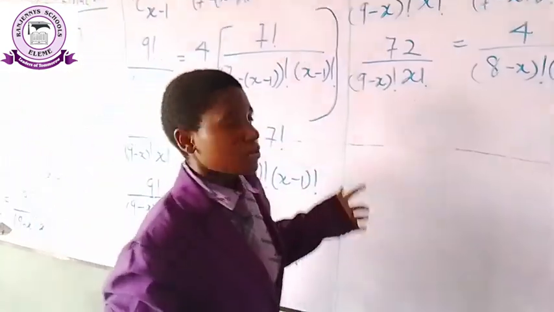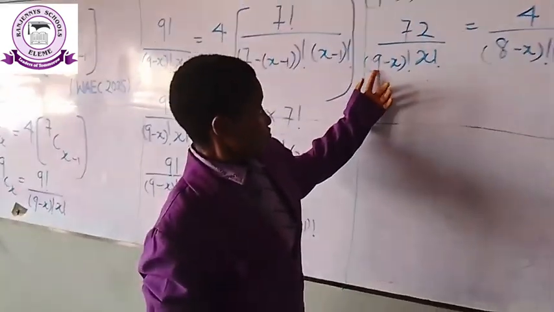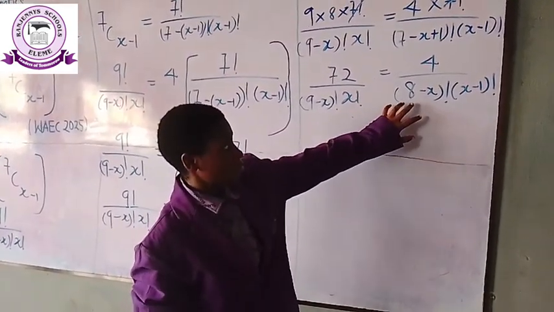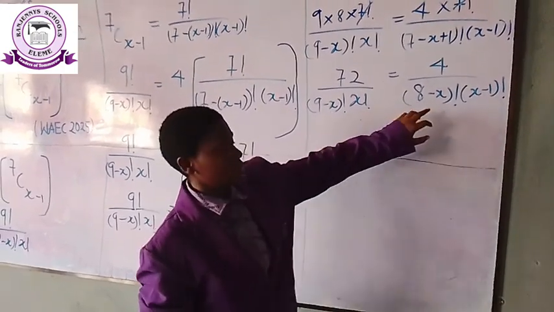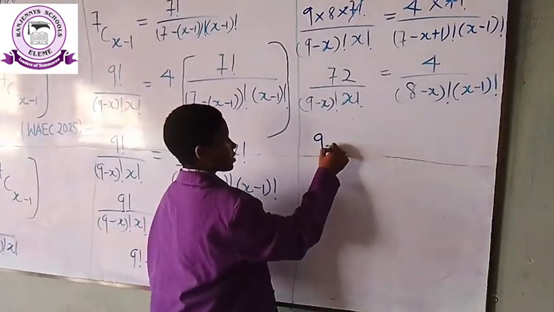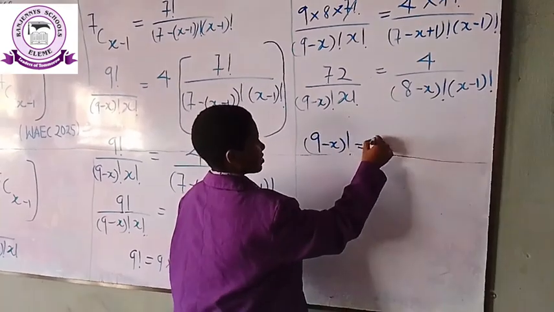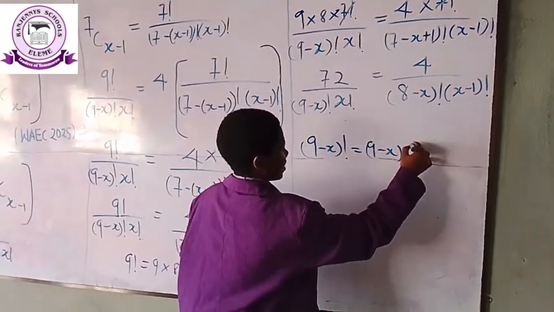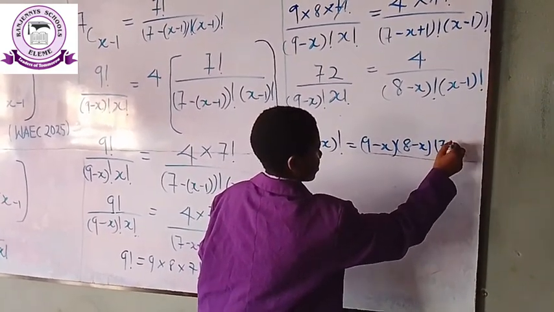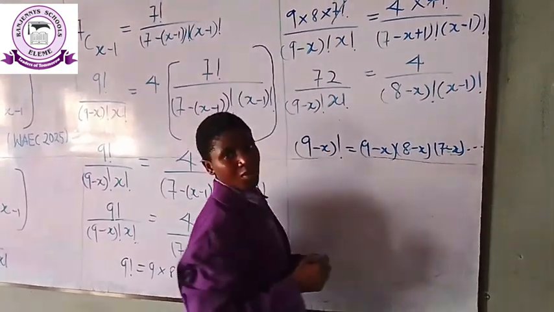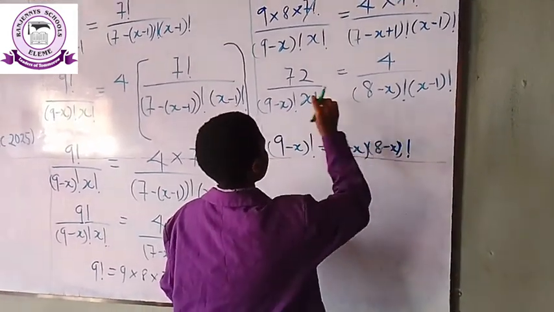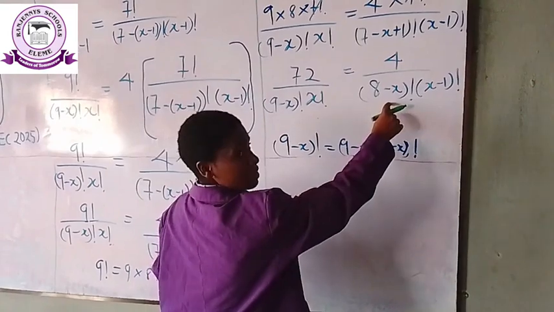Understand that the factorial attached to a question like this can also be used to eliminate terms. So let me show you. 9 minus x factorial is the same thing as 9 minus x times 8 minus x times 7 minus x, going down to 1 minus x. Substitute this into this place and use it to eliminate this.